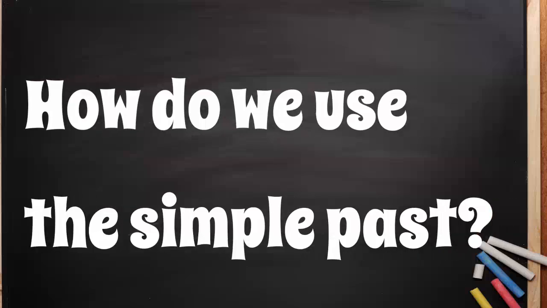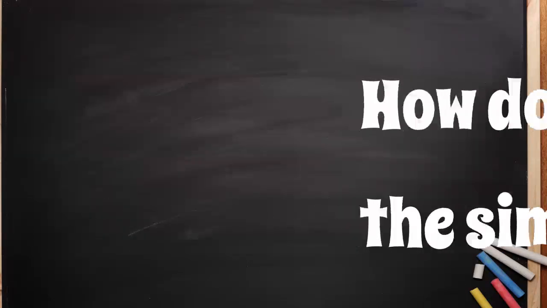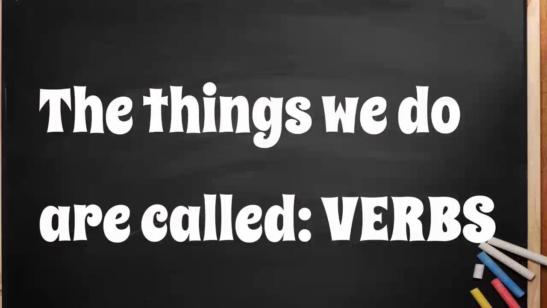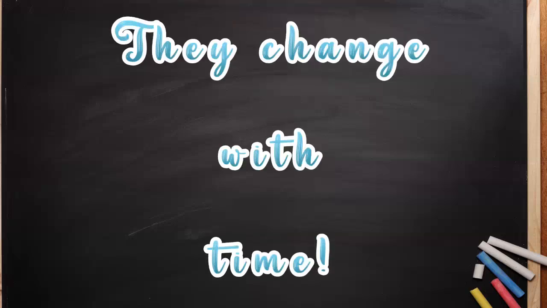So, how do we use the past in English? Well, the first thing that changes is the action or the things we do. These little words that describe what we do are called verbs. When they are happening, they have one shape. But as soon as they move into the past, the shape can change.